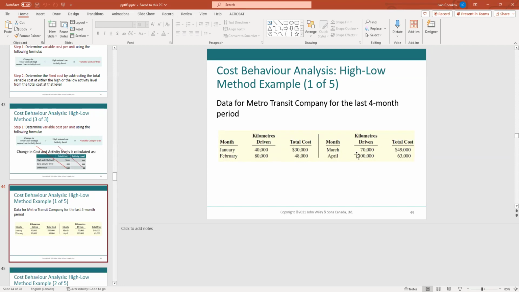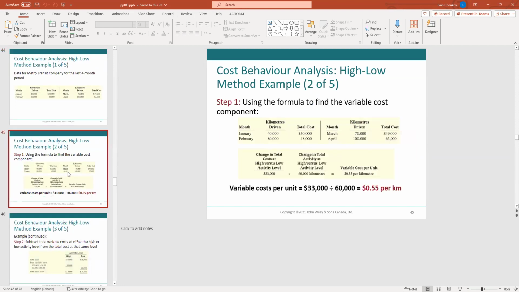The difference in the kilometers driven will be our denominator. Once we calculate that, we get a variable cost per unit of 55 cents per kilometer. So for every kilometer that we drive the car, we have to pay 55 cents.